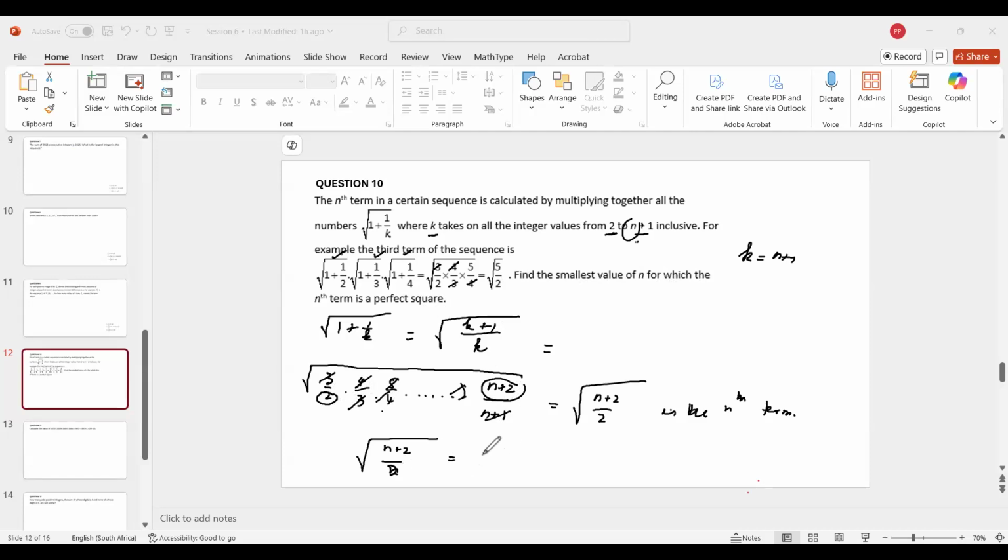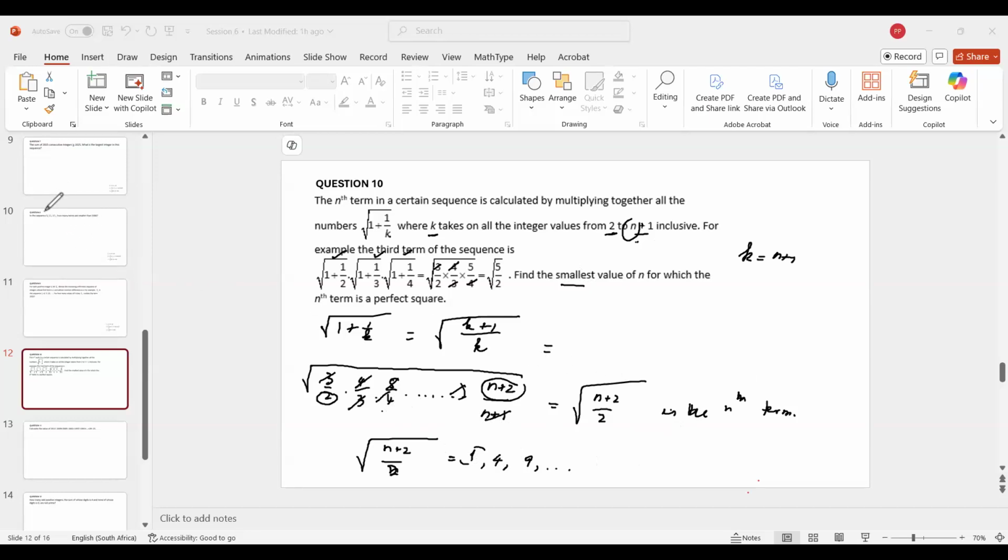Now, a perfect square, what are the squares? It's 1 squared, 2 squared, 3 squared, and so on. Right? So you want this to be as small as possible. So it looks as if it has to be equal to 1. You can try that.